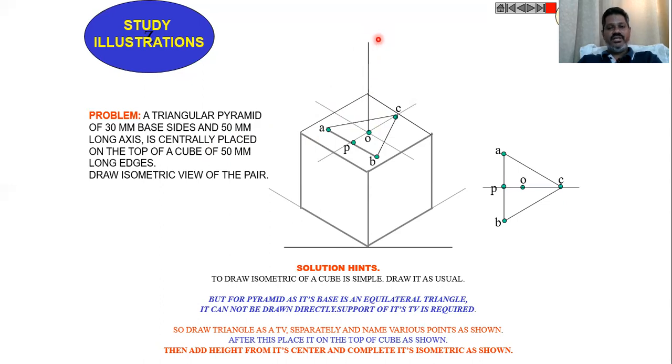Then join this top point to A, B and C respectively to complete the isometric view of the triangular pyramid placed centrally on the cube of side 50 mm. This is the procedure we have to follow to place the triangular pyramid centrally on the top surface of the cube.